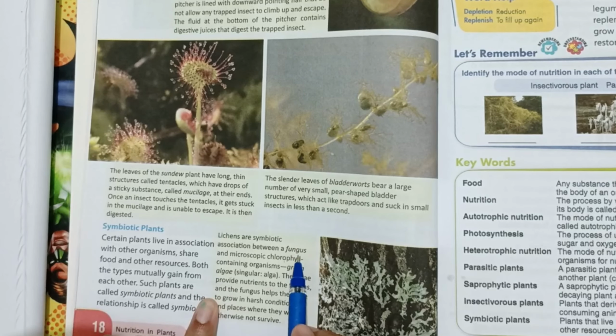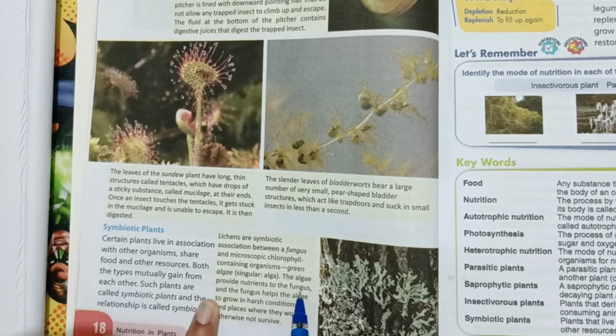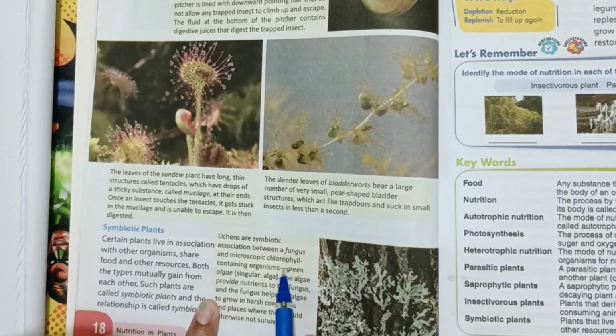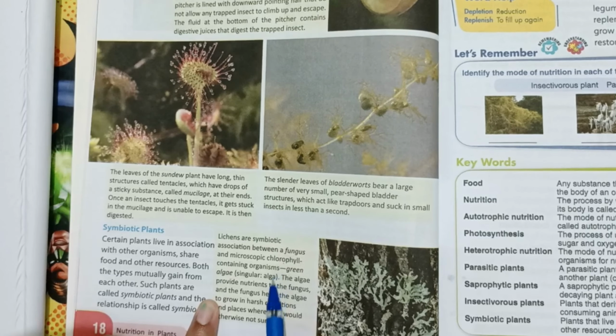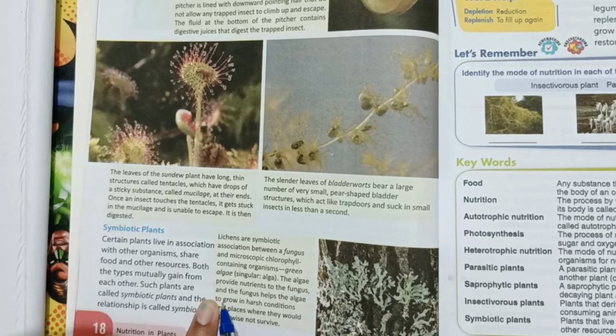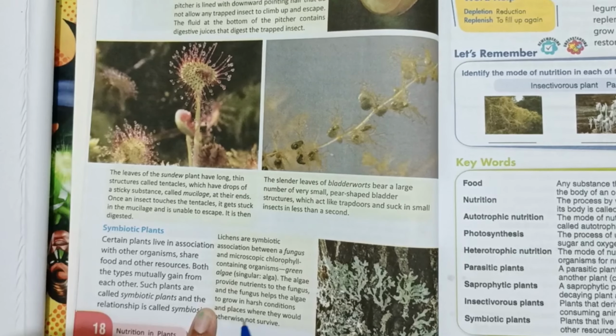So how is the fungus helping? Let us see over here. The algae provide nutrients to the fungus. Algae is green in color, having chlorophyll, so it will do photosynthesis, prepare the food and give it to the fungus. And the fungus helps the algae to grow in harsh conditions and places where they would otherwise not survive.